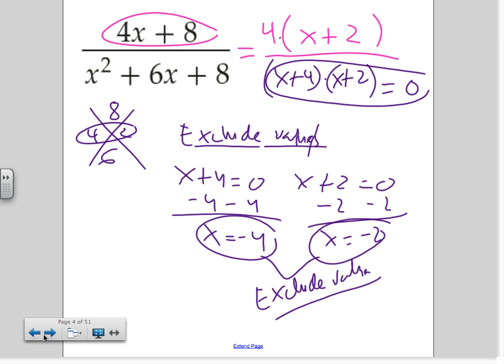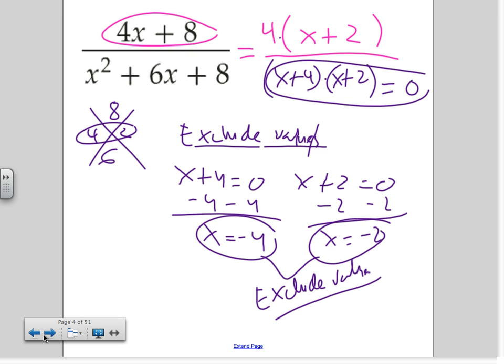I have to warn people first that whatever you pick for x, do not pick negative 4 or negative 2, because these are my excluded values. Don't use them, ever. Anything else will work, right? But negative 4 and negative 2 would not work. Please do not pick them. That's why you need to identify them before you do anything else to it.